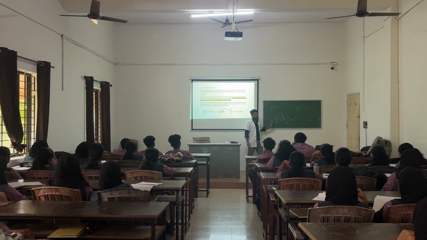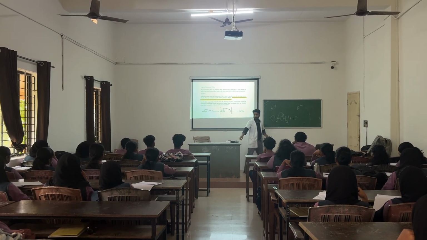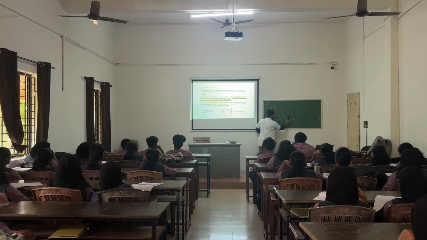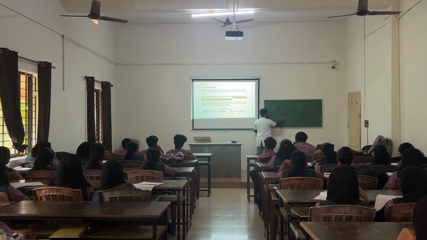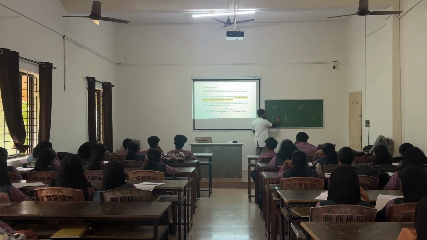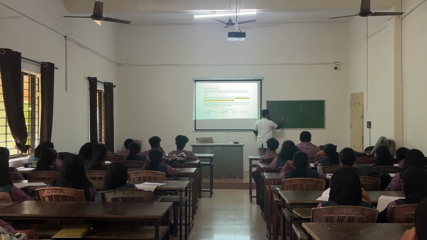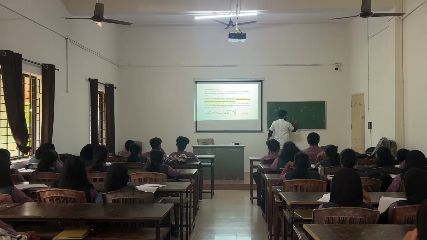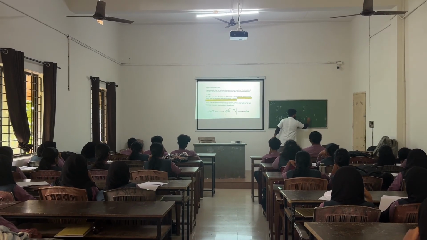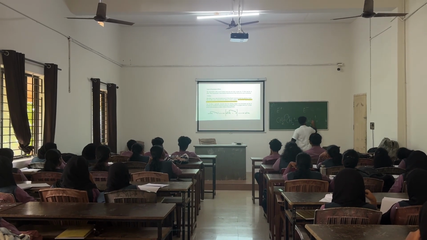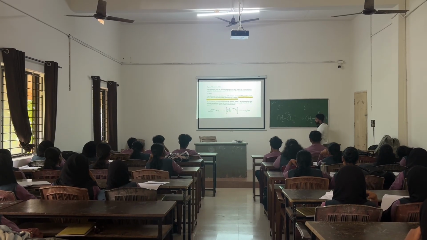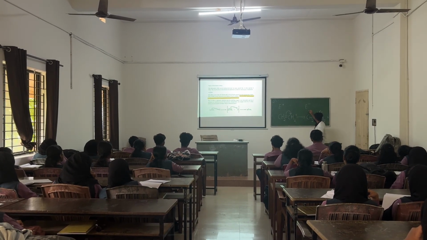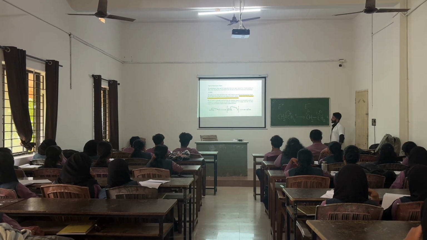So what will be the charge after the shifting? We get CH2 single bond CH2, but one carbon gets a negative charge and the other carbon gets a partial positive charge, right?